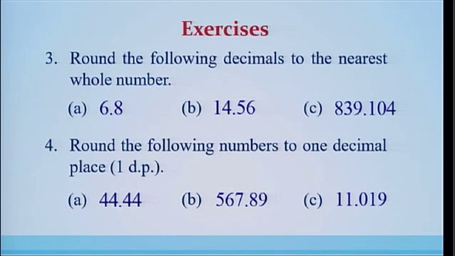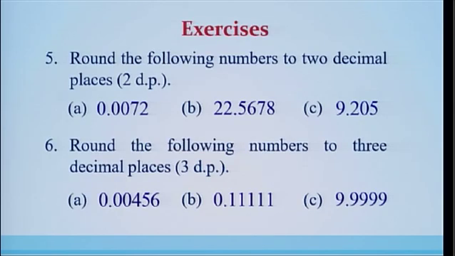Exercise 4, you're going to write these decimal numbers to 1 decimal place. For question 5, you're going to round these numbers to 2 decimal places. Then in the 6th exercise, you're going to write the numbers to 3 decimal places.